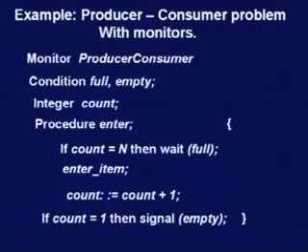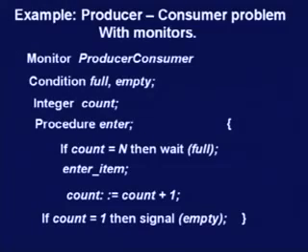The first procedure is enter. Now, recall that enter will be the procedure where the producer will enter data into the buffer. This is the part where it will access the shared buffer, and hence this part will be the critical section, and we have put this critical section inside the procedure enter.